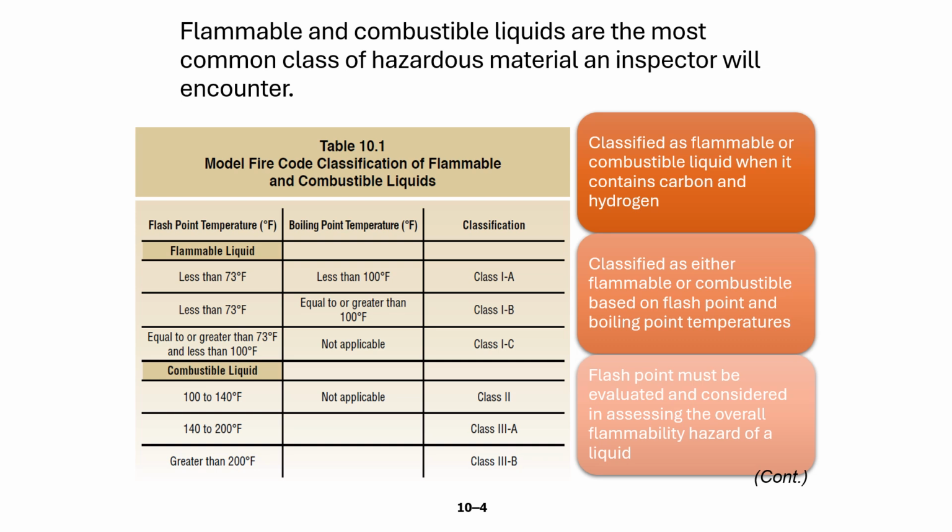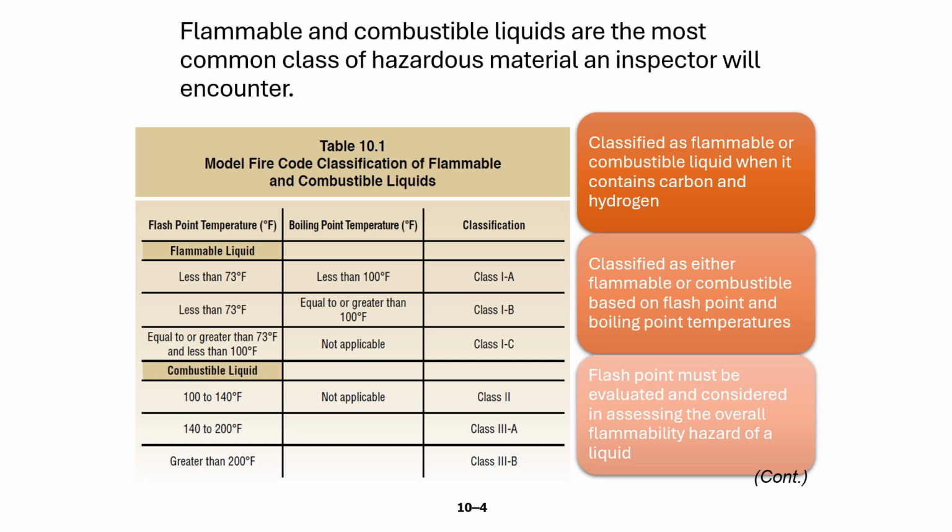A liquid is either classified as flammable or combustible. Then we look at how volatile that is. Liquids classified as flammable or combustible are all based on their flash point and boiling point. The flash point is only one of a number of properties that need to be evaluated and considered in assessing the overall flammability hazards of a liquid.